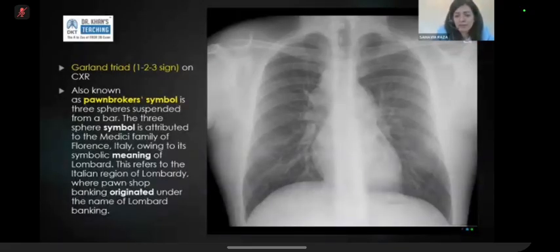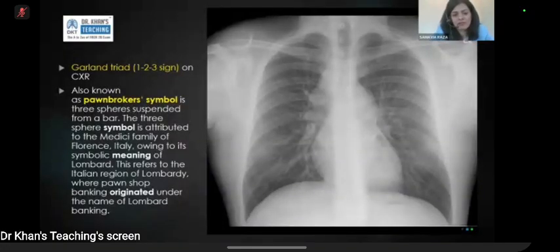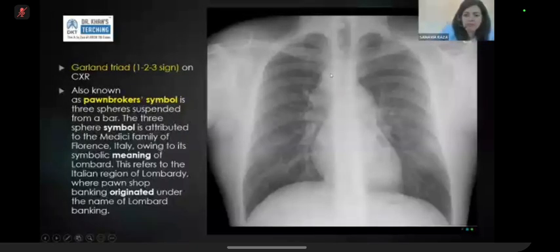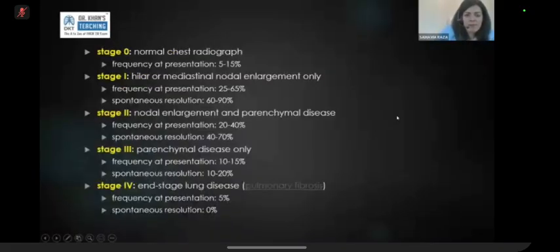So 3 gold balls hanging on a lamp are symbols of the Medici family. The pawnbroker is a type of banking that the Medici family came up with in Florence. So that's why it's called that sign. The symbol is the 3 gold rounded opacities.